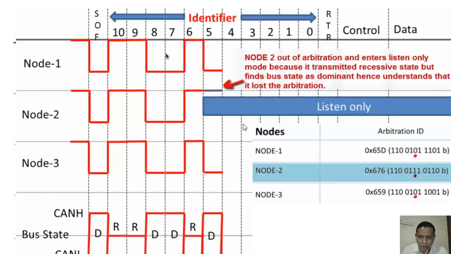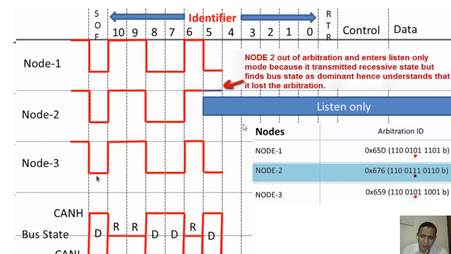We know the standard frame format. This is the standard frame format with an 11-bit identifier, numbered 0, 1, 2, 3 like that, and this is the MSB, the most significant bit. This is the start of frame that we have seen in the CAN lesson.